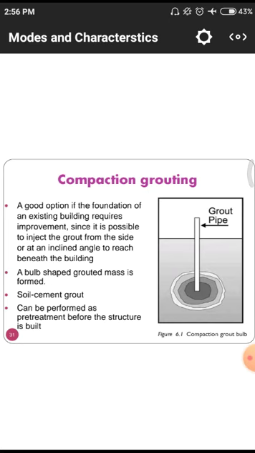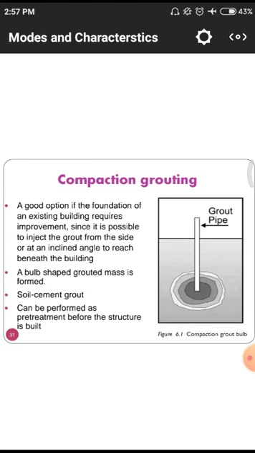It is possible to inject the grout from the side at an inclined angle to reach beneath the building. Another condition is that a bulb shaped grout mass is formed. After pumping the grouting material, the material will form a bulb shape, and soil cement is used as the grouting content.